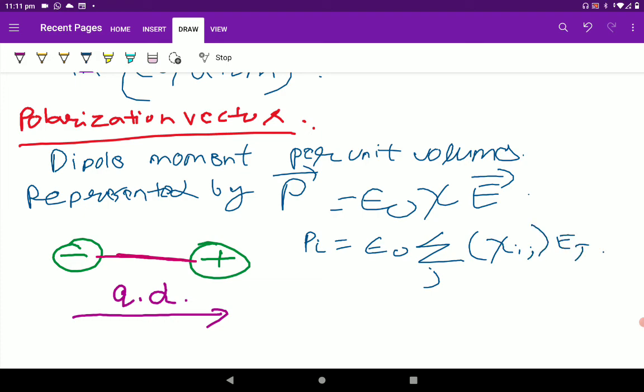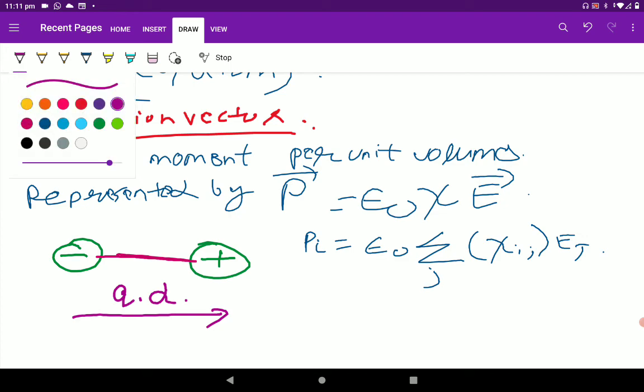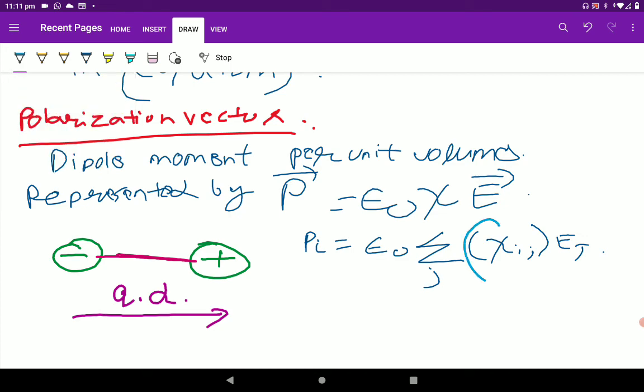So this quantity here is a tensor quantity, and if there is an isotropic condition, then it becomes a scalar. Let me write.